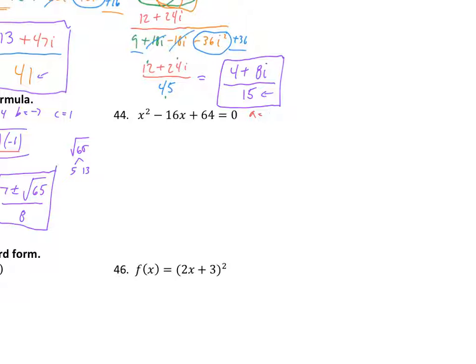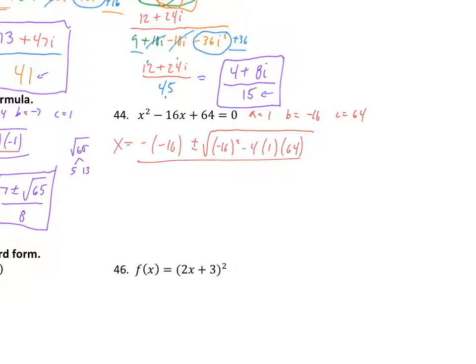So A equals 1, B equals negative 16, and C equals 64. So x equals negative b, so negative 16 plus or minus the square root of negative 16 squared minus 4 times 1 times 64, all over 2 times 1.